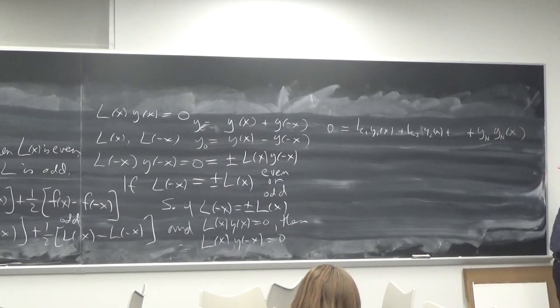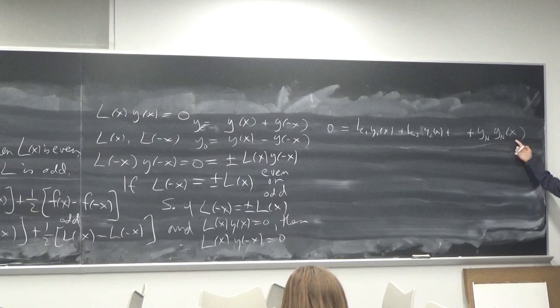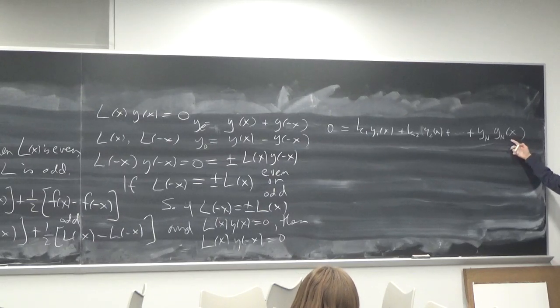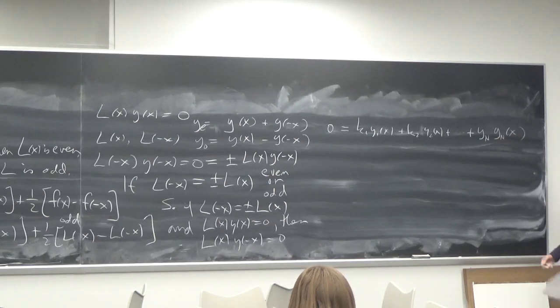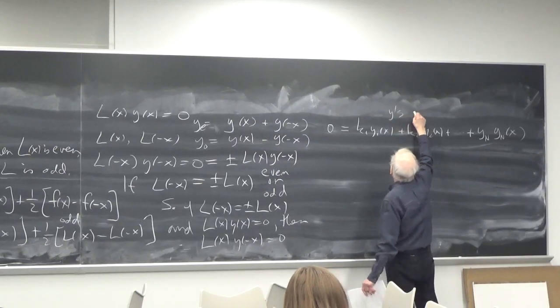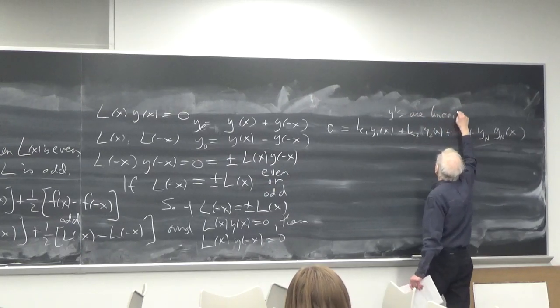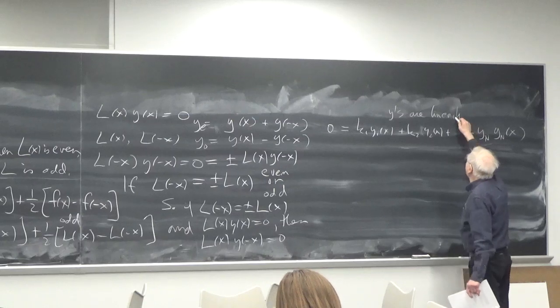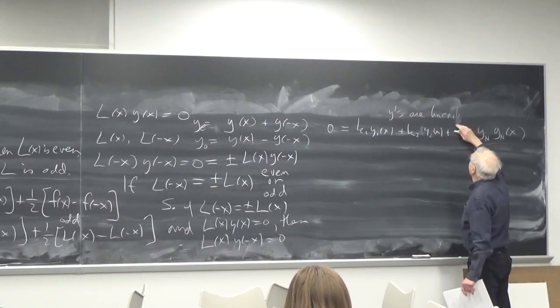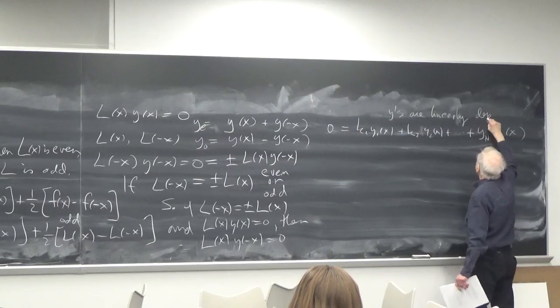If you can find constants k1 through kn such that y1 through yn satisfy this equation for all x, then these things, the y's, are linearly dependent.